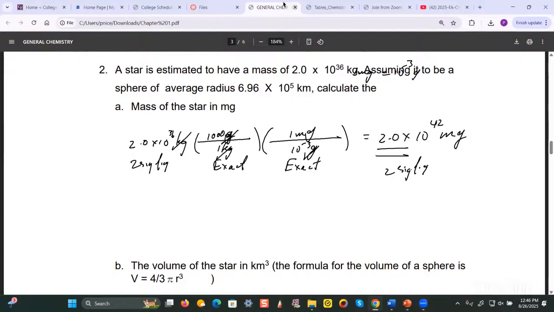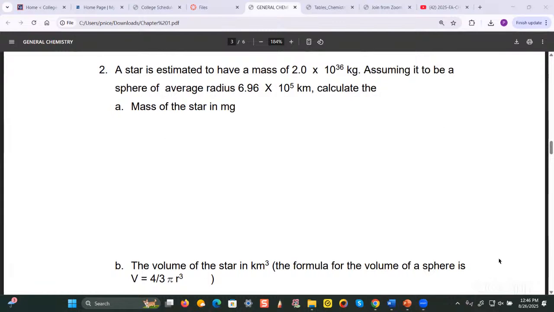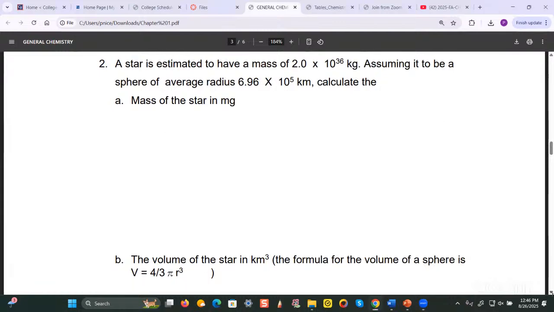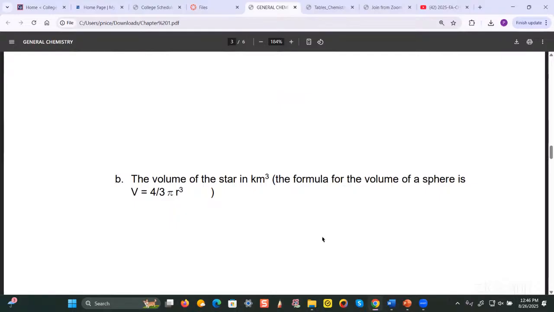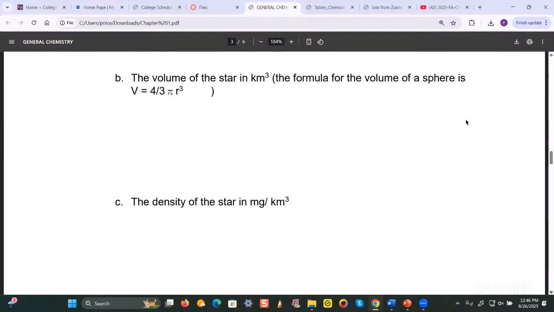Let me clear this here and scroll down. The question is asking for the volume, so they gave you the formula for the volume: V is equal to 4/3 pi r cubed.